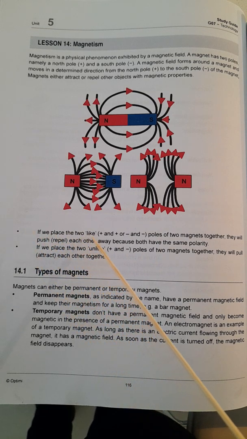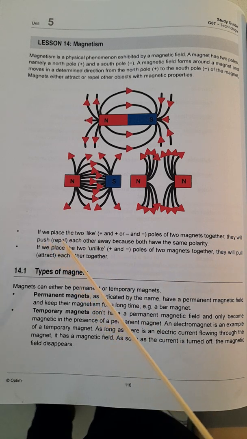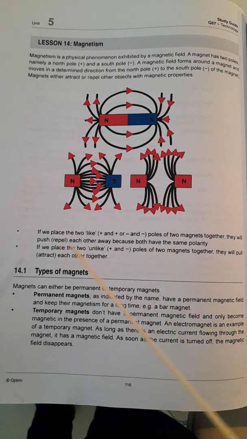If we place two like poles of two magnets together, which means positive and positive, or negative and negative, they will push, which we call repel, each other away because both magnets have the same polarity. Why are they repelling? Because they have the same polarity.